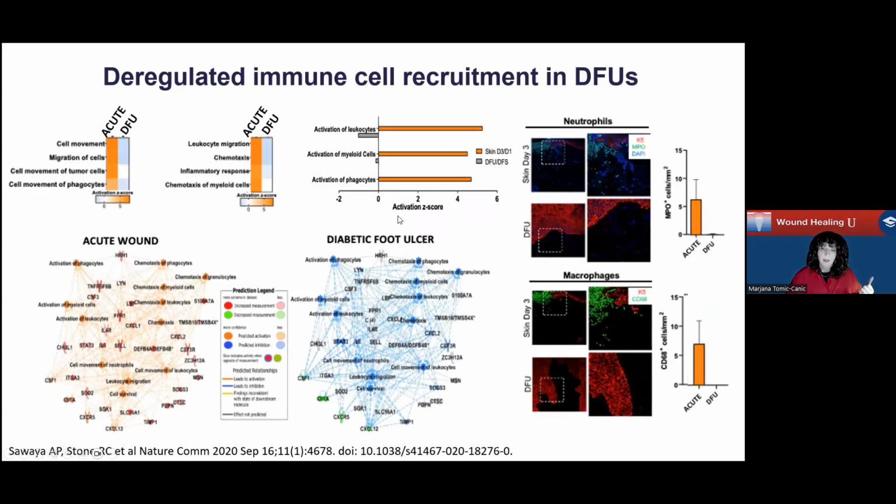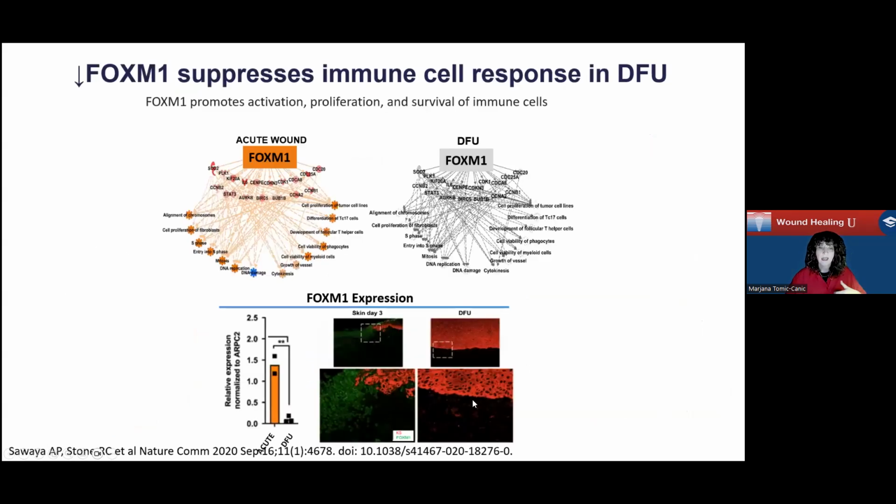We showed by genomic analysis that there is a downregulation of immune cell recruitment, and we have shown this by quantification in a prospective set of patients, looking at decreased numbers of neutrophils and macrophages as shown here.